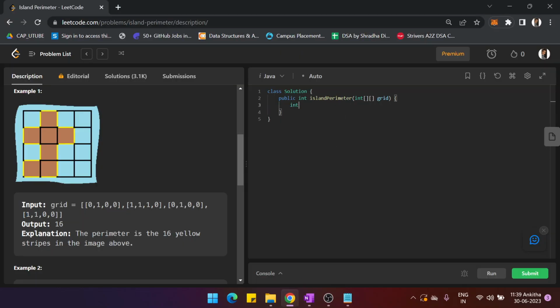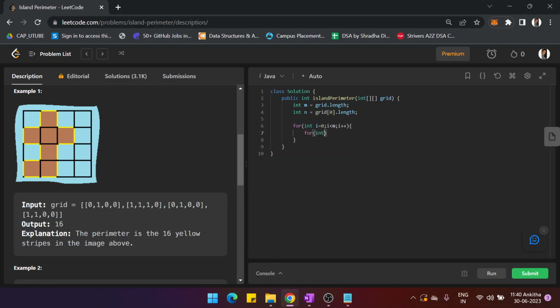Now we'll code this. So int m equal to grid dot length, then int n will be equal to the column count, so grid of 0 dot length. Next run for int i equal to 0, i less than m, i plus plus.